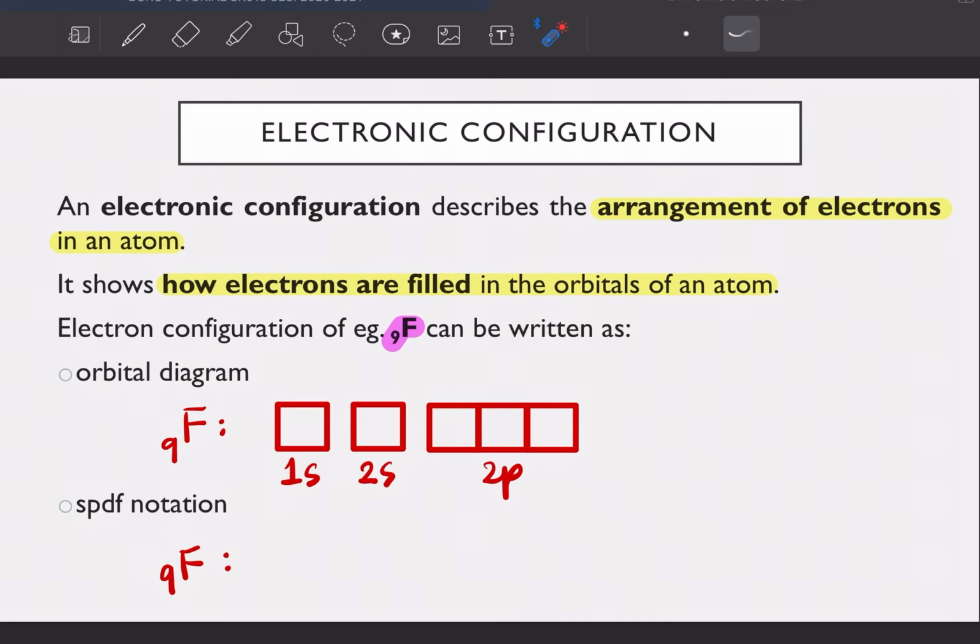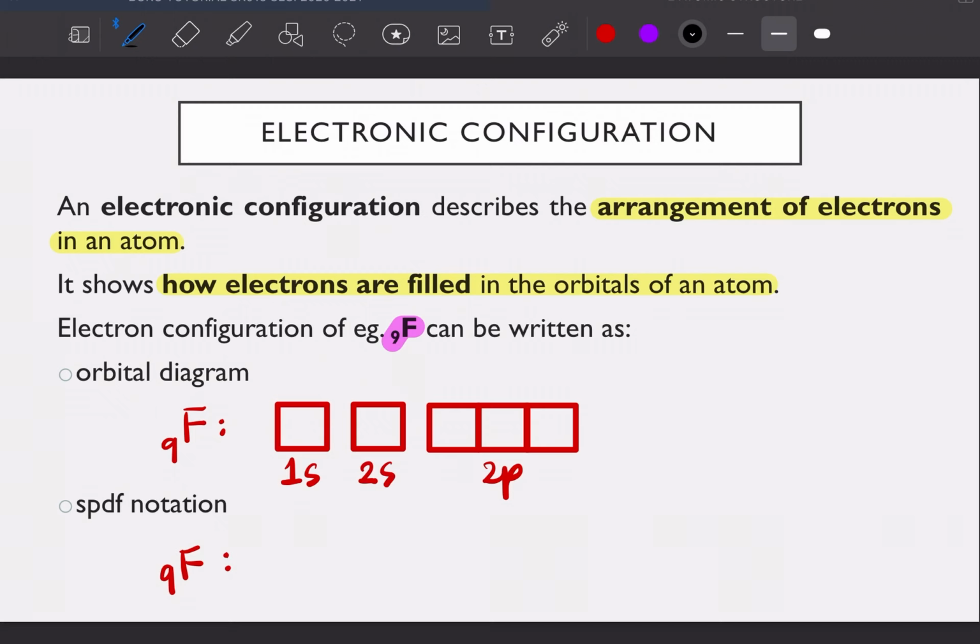Okay, so let's say we have a fluorine atom with 9 protons. Since it is an atom, it will have 9 electrons as well. So how will we write the orbital diagram for fluorine with 9 electrons?